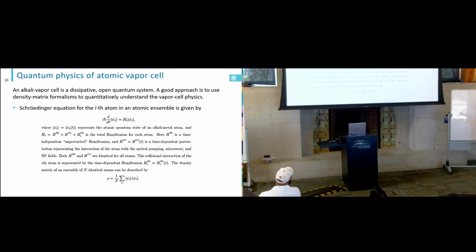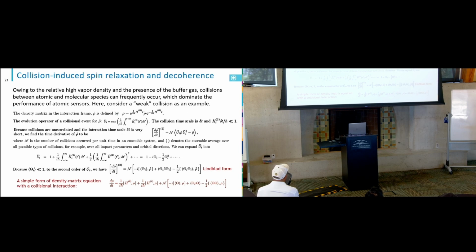Usually the way we treat a vapor cell atomic system is through a density matrix formalism. I don't need to go through the detail, but basically what I want to point out is we can formulate a density matrix to describe the atomic vapor cell system and to see how it evolves over time and what kind of relaxation mechanisms cause different decoherence phenomena.